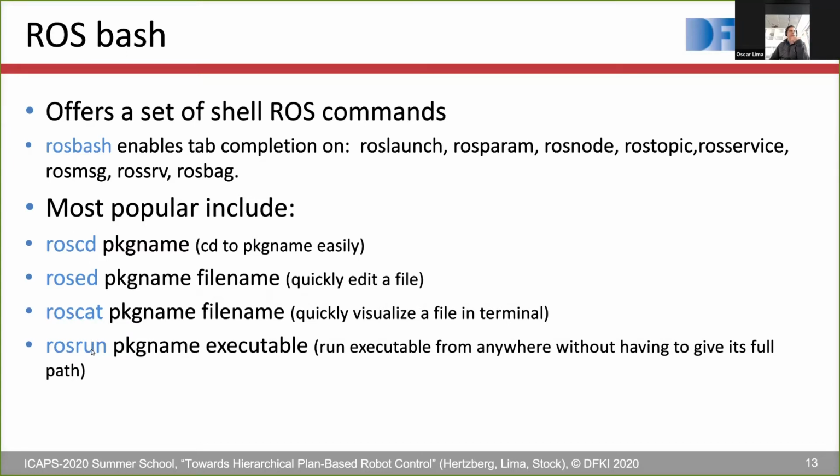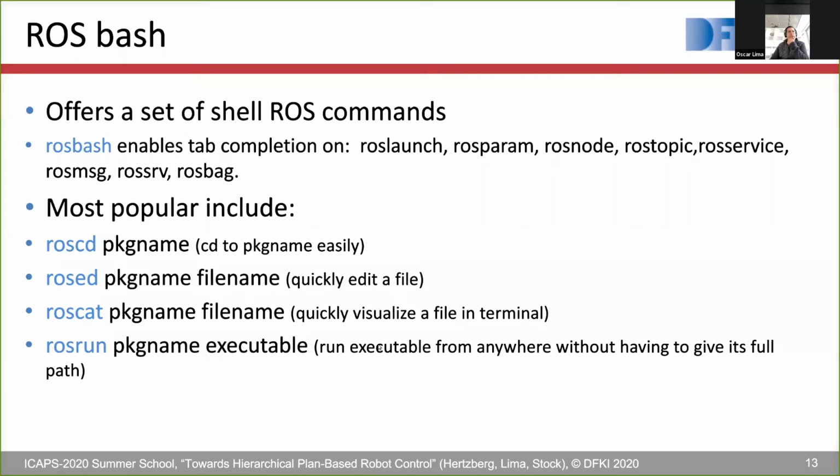I'm just putting here a few, but the most important one, maybe, would be ROSRun, package name and the name of your executable. When you do this, you are launching a process. If it is a Python process, you need to ensure that your Python file is executable. You do this by doing chmod +x, then the name of your file, and then your file becomes executable, and it will be recognized by ROSRun.